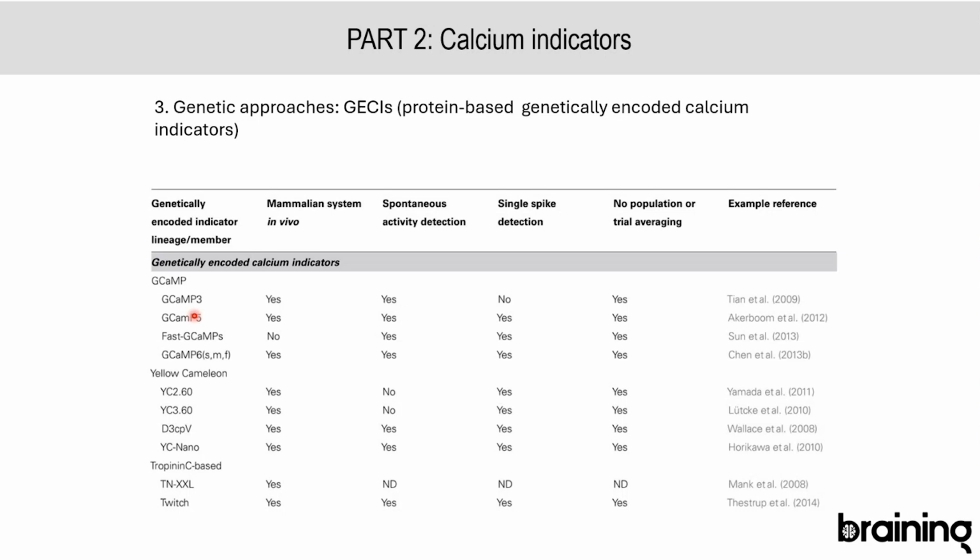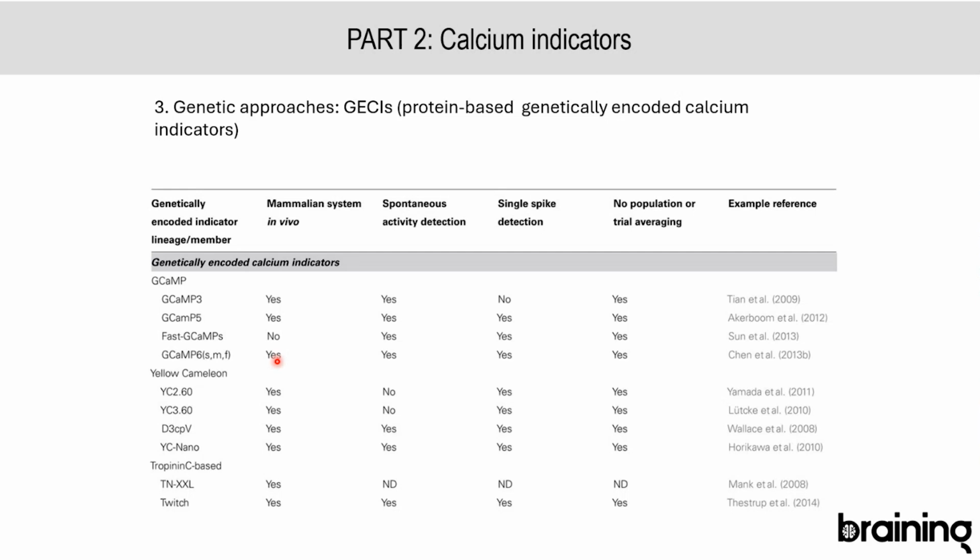If we think of GCaMP for an astrocyte, it can be slower. But if we want to use GCaMP in the neuron, it's better to use a faster one because the calcium signaling in neurons is faster. So we have to think of the type of GCaMP that we are going to use.